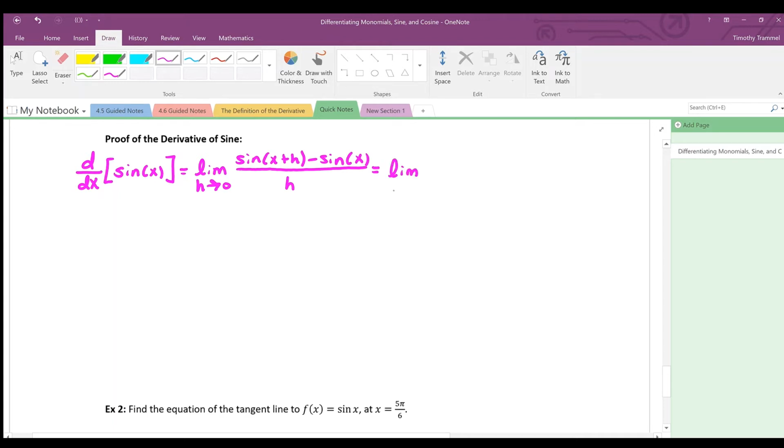So the limit as h goes to 0, and then I can rewrite this as sine of x cosine of h plus cosine of x sine of h, using a trig identity.